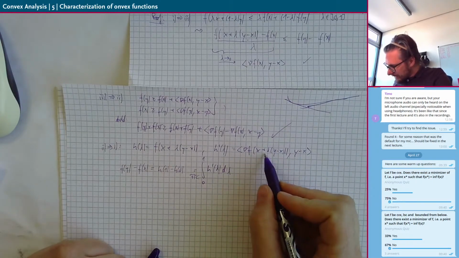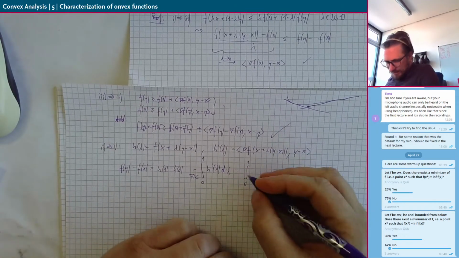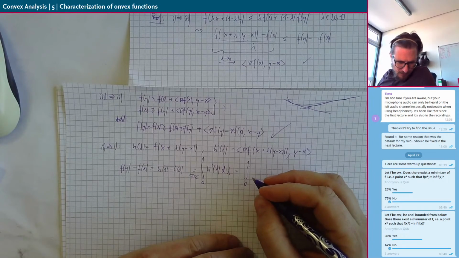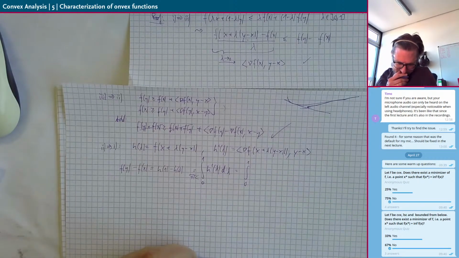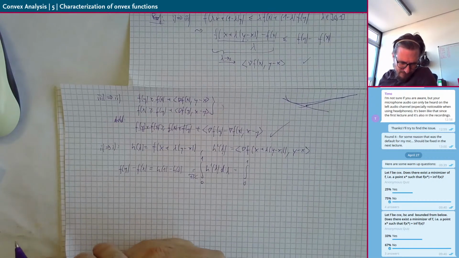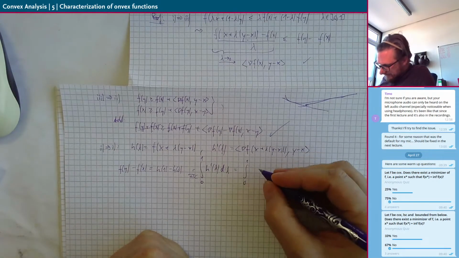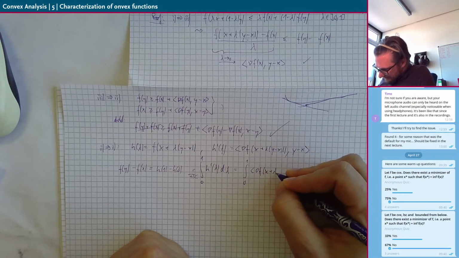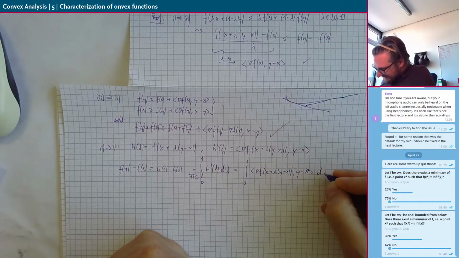But now we just plug in our definition of h prime here, and we see this is the integral from 0 to 1 of gradient f of x plus lambda times y minus x, times y minus x, d lambda.